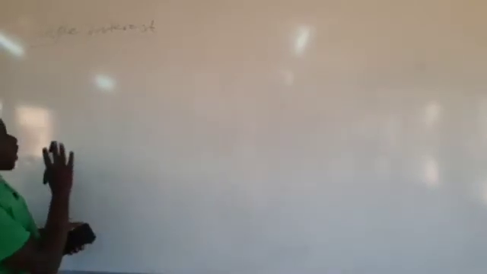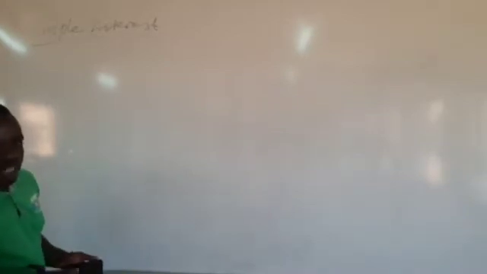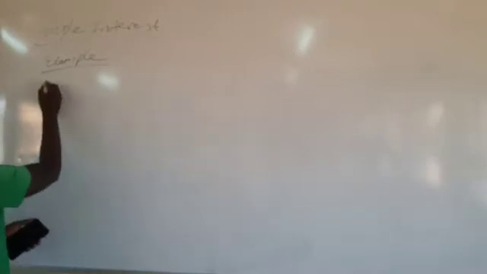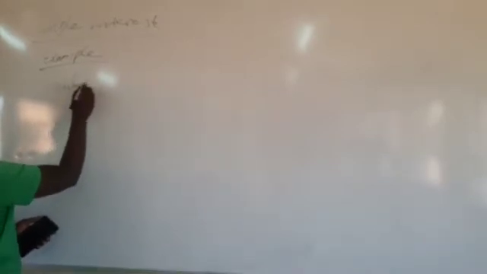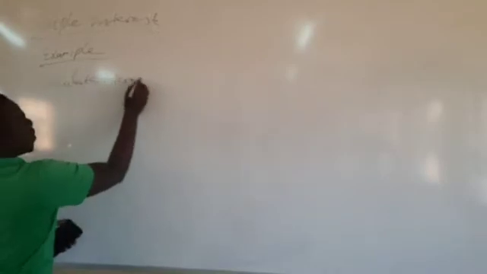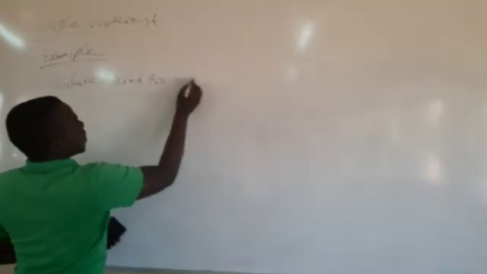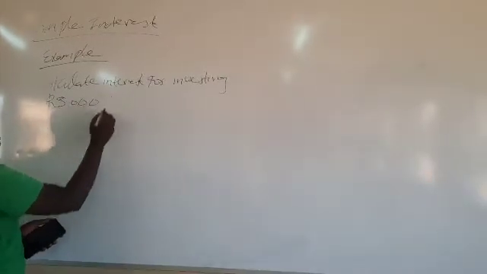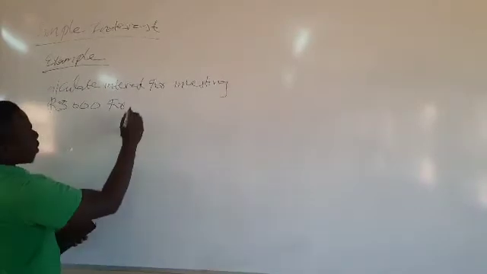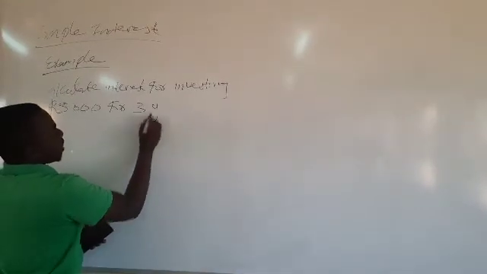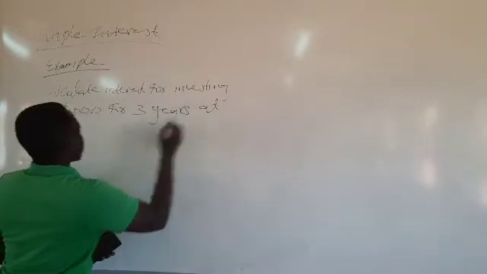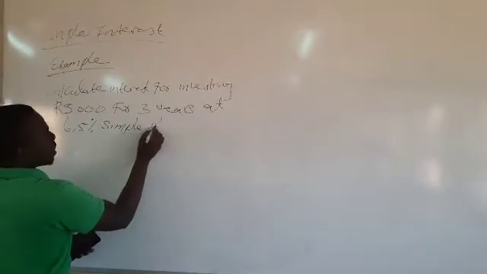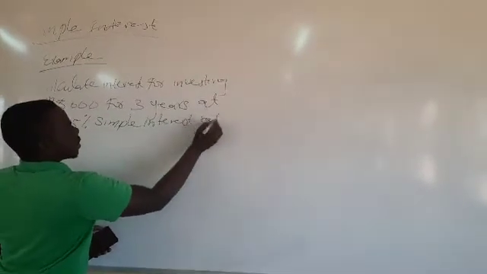So now when we calculate simple interest, let's say we have a question, or let's say example, they say calculate interest for investing 5,000 rands for 3 years at 6.5% simple interest rate.